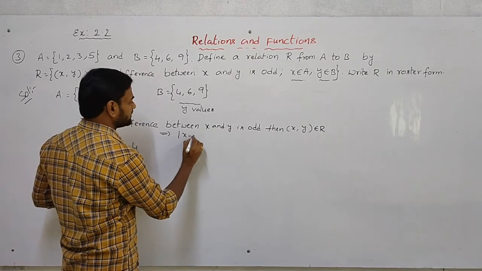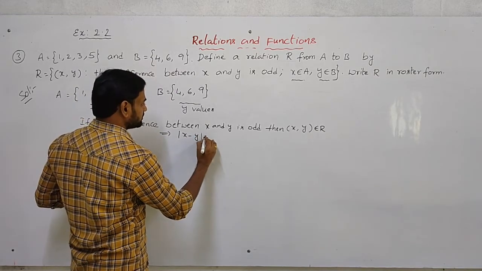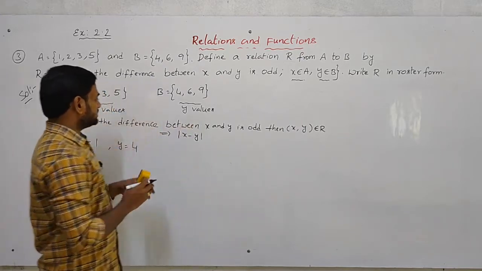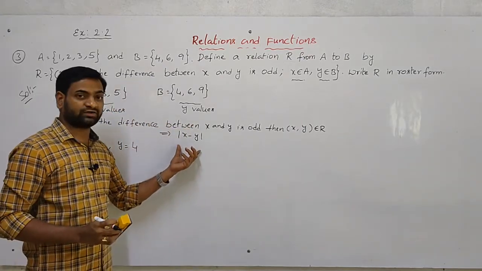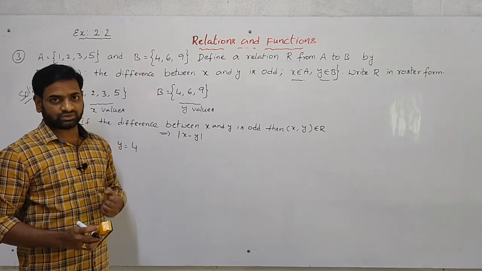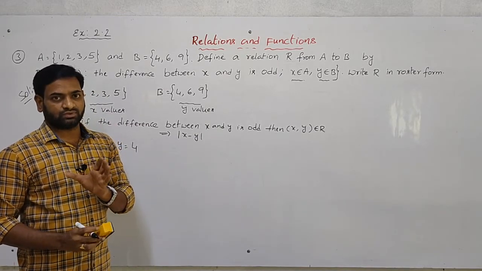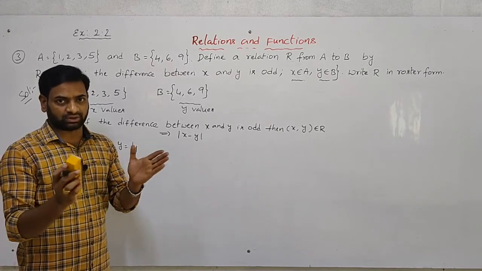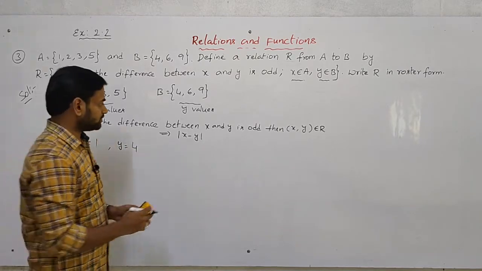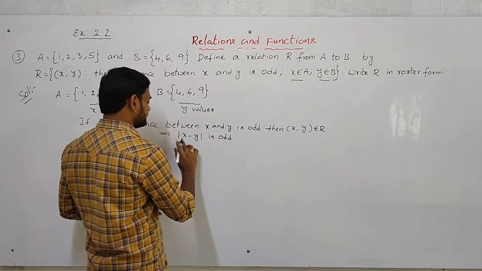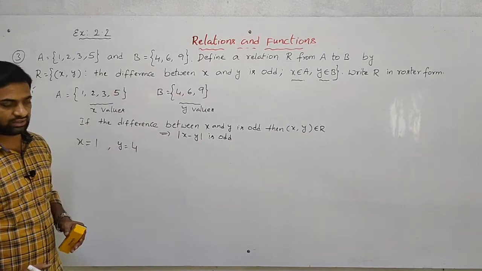Mod of x minus y is odd. Difference between x and y is mod of x minus y. Just difference means it is positive only, the distance from number to number, that's it. So this mod of x minus y compulsory odd number only.